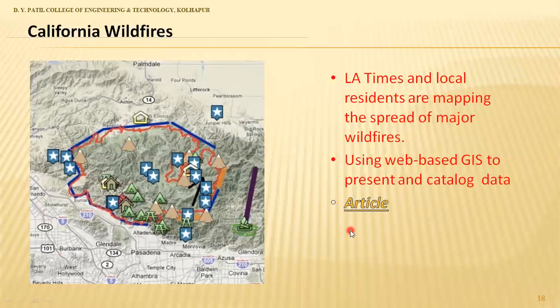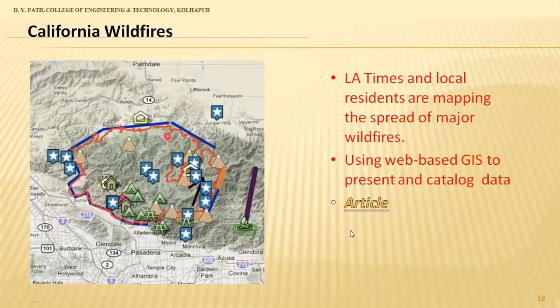Los Angeles fire map. It was in 2009. The official said today that 77 percent was contained. So these are the details which can be ascertained. These are the maps which we have taken.